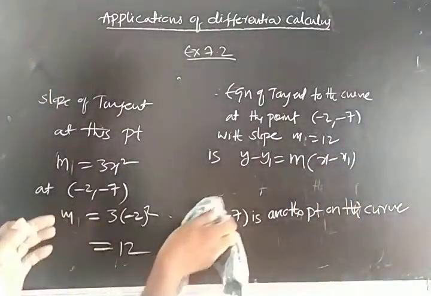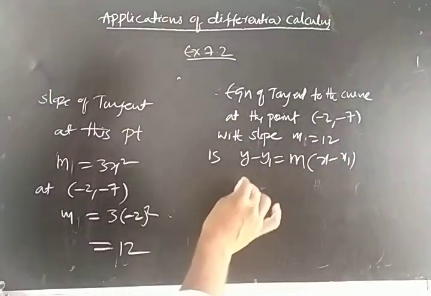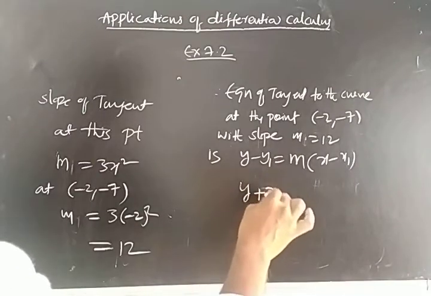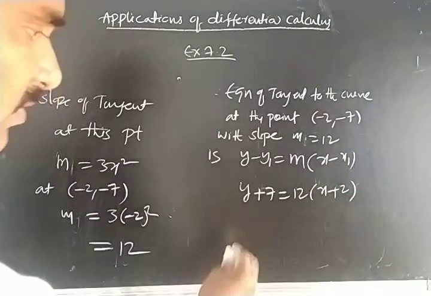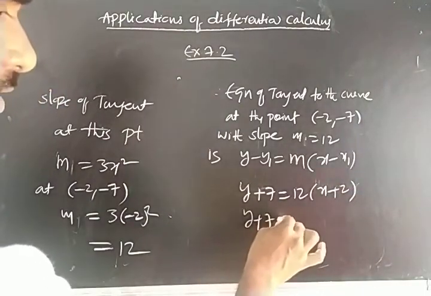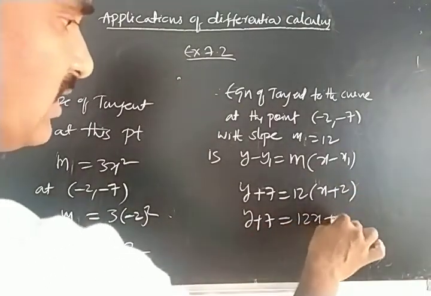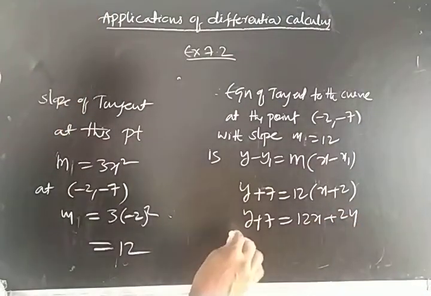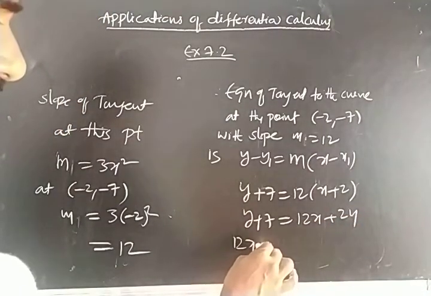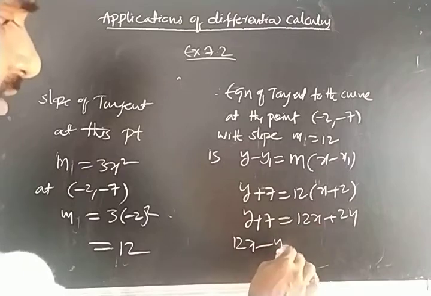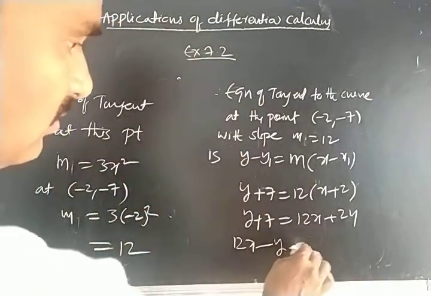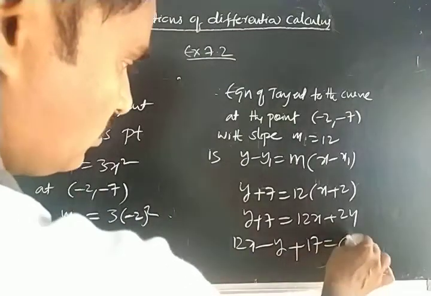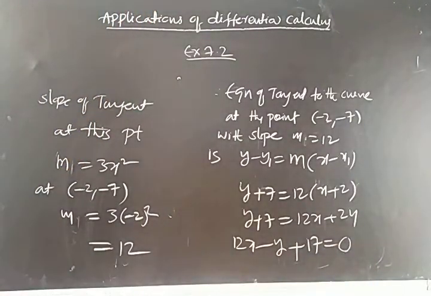Now substitute the point and slope in this formula. Y plus 7, m is 12, x plus 2: y plus 7 equals 12x plus 24. Sending all these terms to the right-hand side, 12x minus y plus 24 minus 7, plus 17, is equal to 0. This is the required other tangent line equation. Okay.